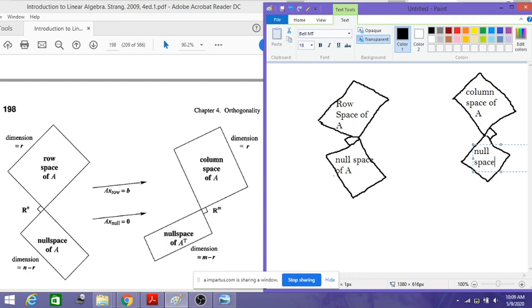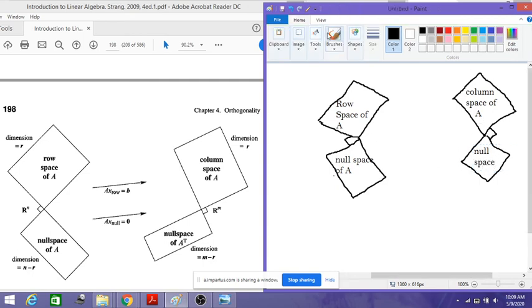Null space A transpose, that I'll write here. This is null space A transpose.